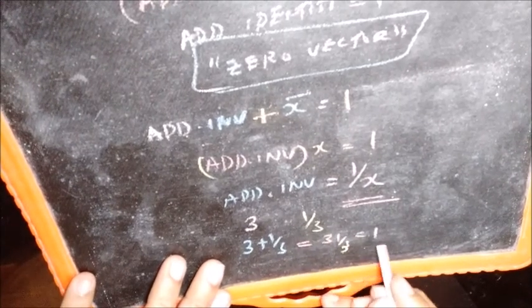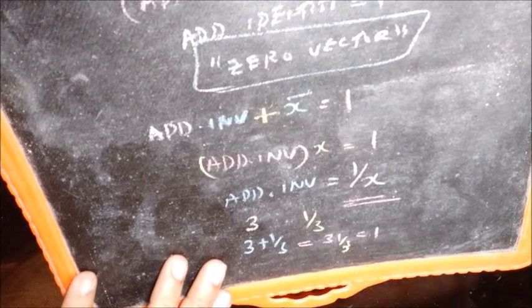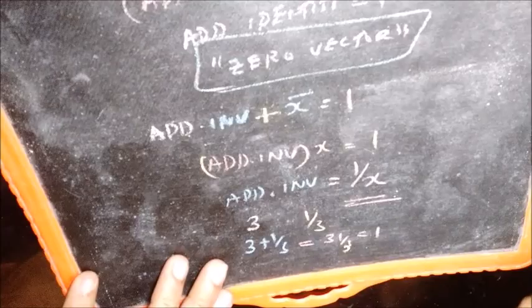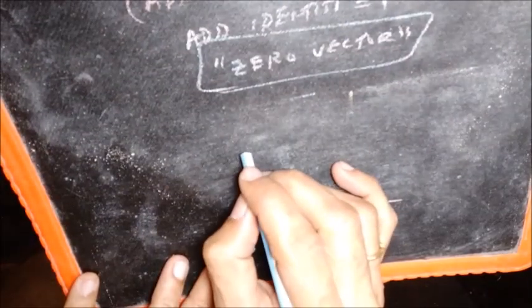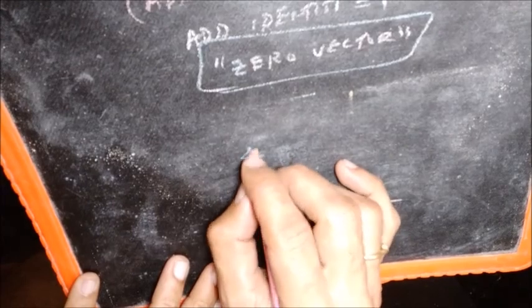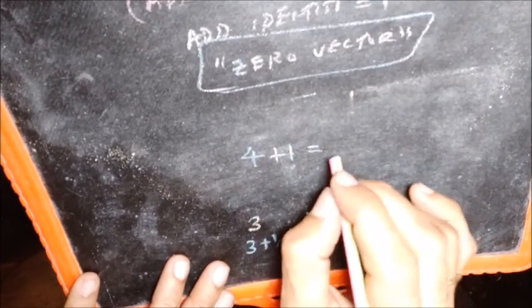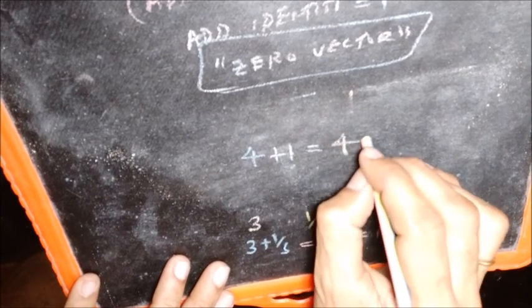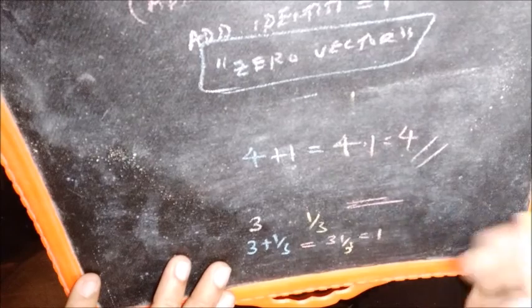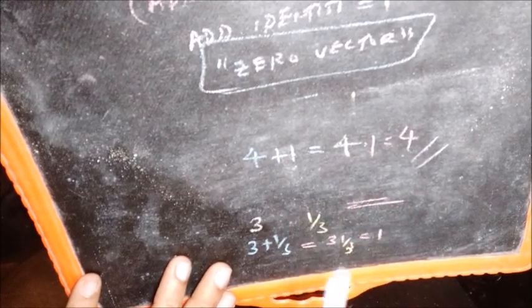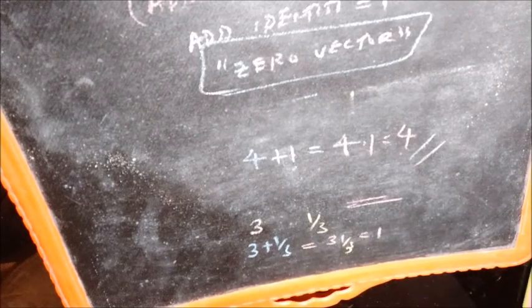And 1 we have already seen to be the additive identity. Again, to give an example of how the additive identity functions, additive identity is 1. So 4 plus 1, the way we have defined vector addition here, I get the answer as 4 into 1, which is equal to 4. So I get the same vector, which means that 1 becomes the 0 vector in inverted quotes, or the additive identity.